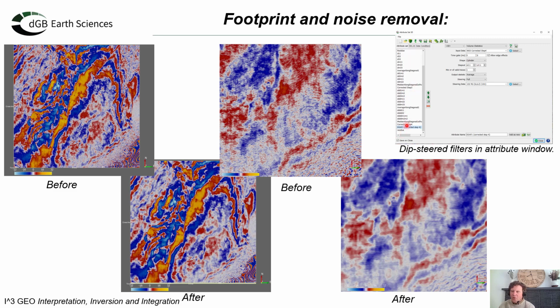This is followed by a final structurally oriented filter to remove remaining random or spiky noise. Both filters use DGB's dip steering plugin. Comparing the before time slices with the after time slices, one can clearly see the amount of noise reduction and improvement in data quality.